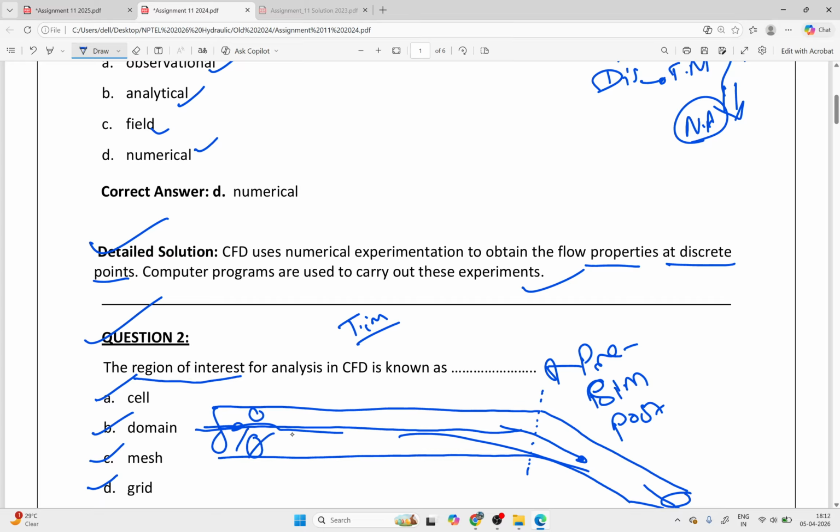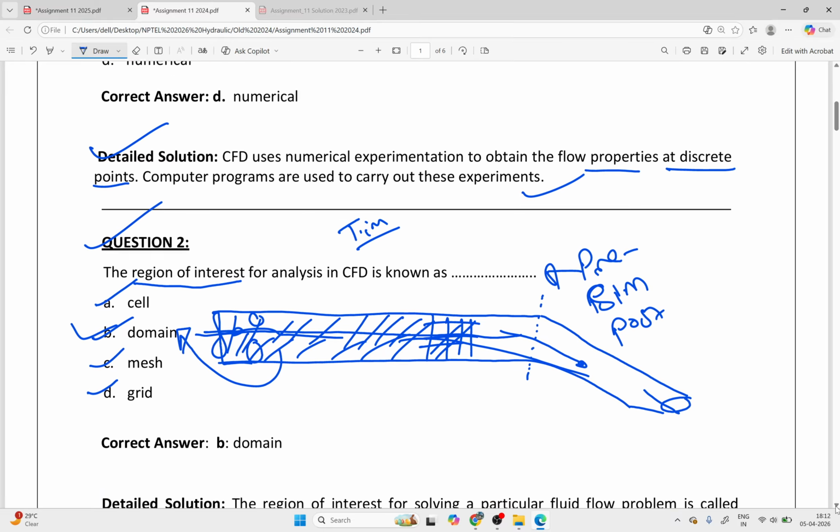This part is known as region of interest. If you are running the full part, that is also your region of interest. You need to discretize all this region of interest, and in terms of CFD, the region of interest is known as domain. Remember, please, this is your domain.